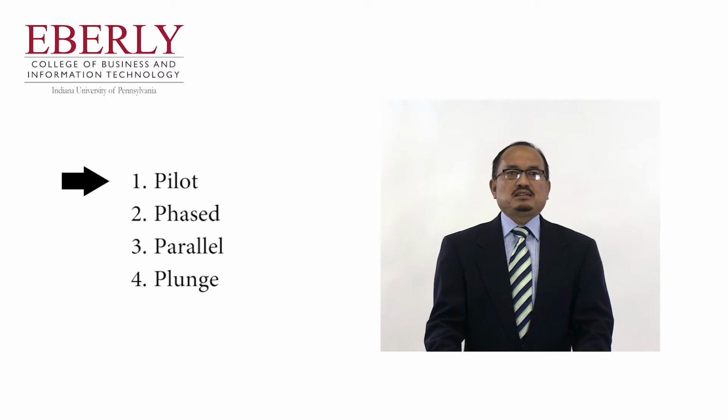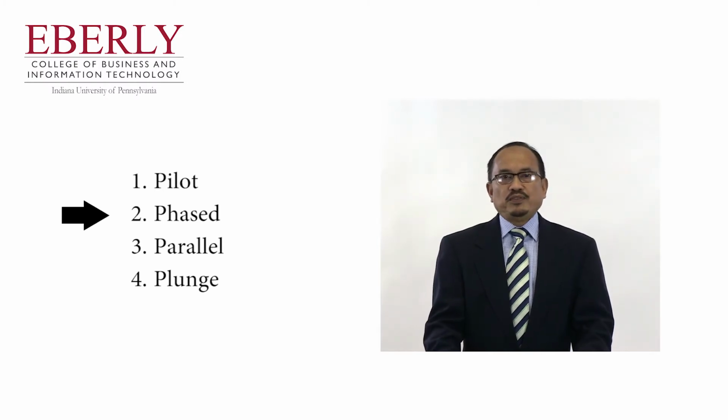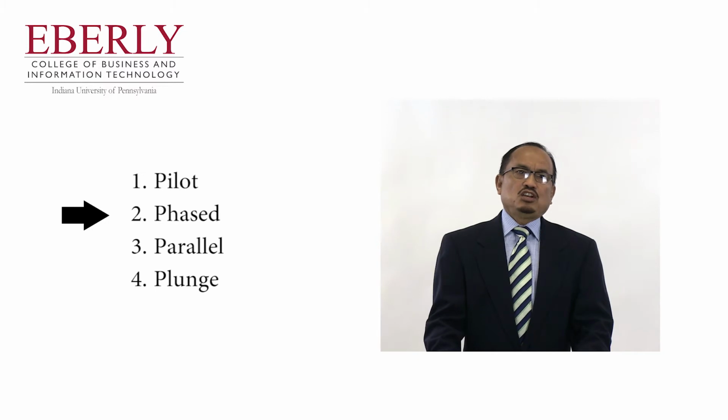With pilot installation, the organization implements the entire system or business processes on a limited portion of the business. An example would be for PRIDE to use the new system for just a few patients. The advantage of pilot implementation is that if the system fails, the failure is contained within a limited boundary. With phased installation, the new system or business processes are installed in phases across the organization.